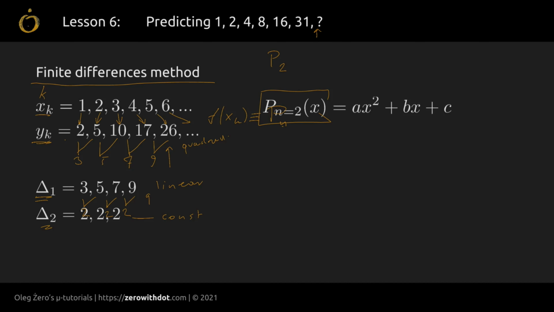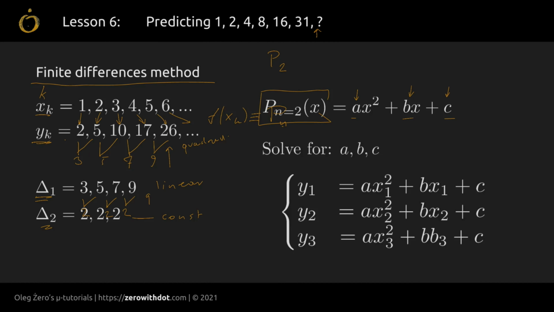Right now we can move on to the second step, which will be finding the values of these three parameters, because we know that if we have a second degree polynomial, it becomes a quadratic function, and a quadratic function is defined by these three coefficients. We don't know their values. These values we need to find, and again we can use something that we already have, which are the two sequences that we have started from.